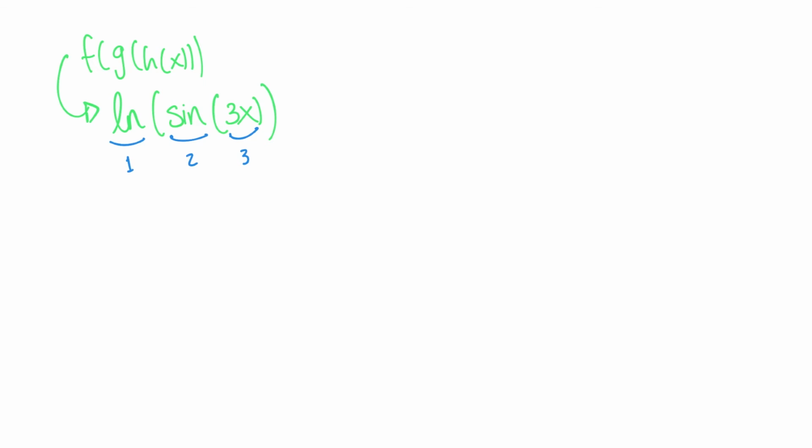Okay, and what are we going to do? We just go in order. Okay, so if I want to take the derivative of this, so this primed, then I'm going to have the derivative of just the natural log, okay, which we know is 1 over whatever is inside, sine of 3x, times.